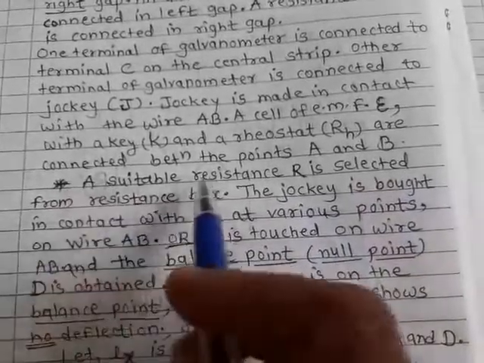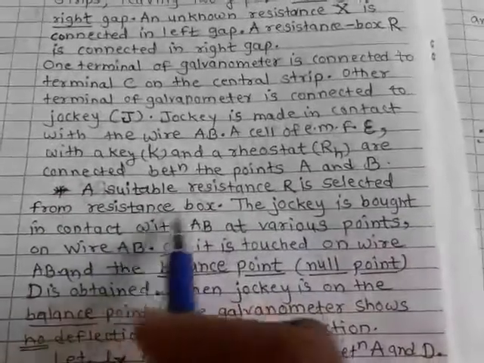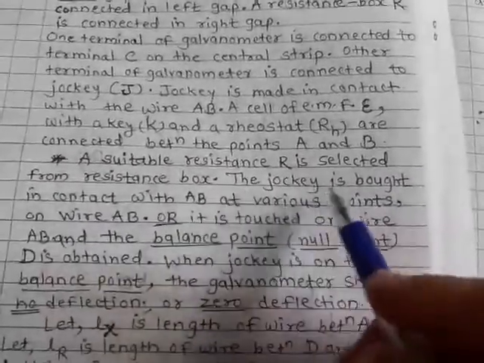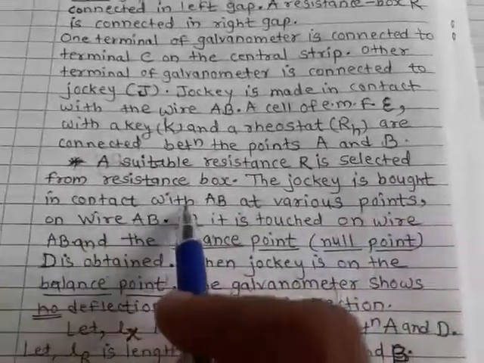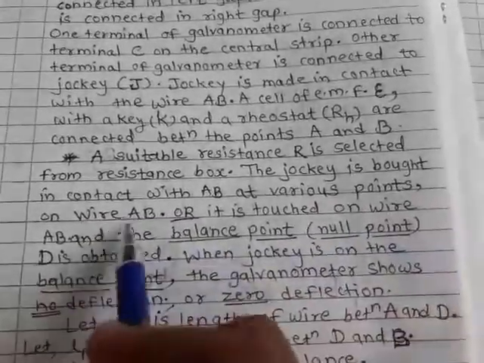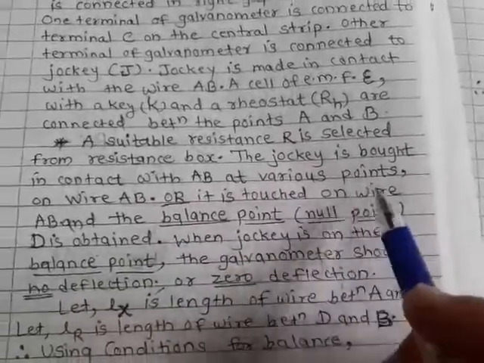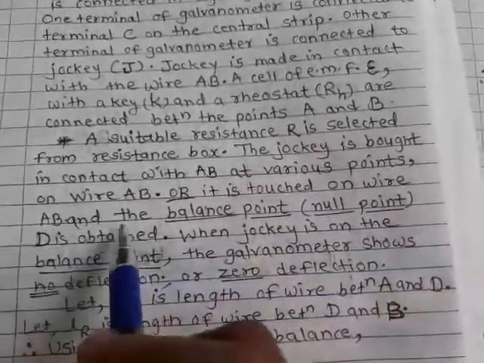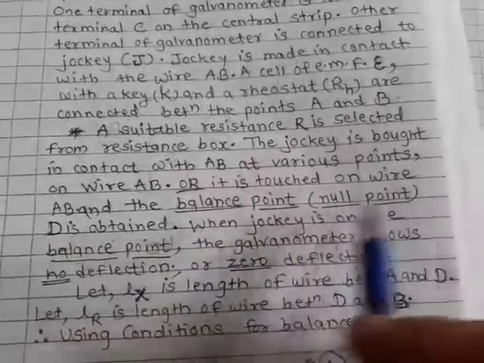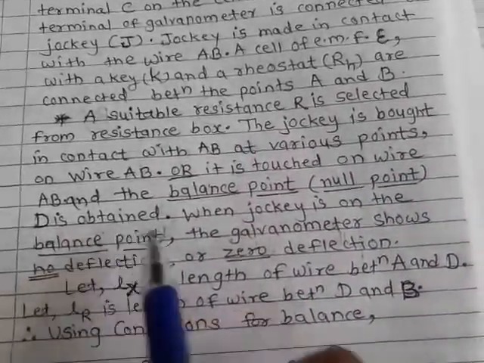Now, a suitable resistance capital R is selected from resistance box. The jockey is brought in contact with AB at various points on wire AB, or it is touched on wire AB and the balance point or null point D is obtained.